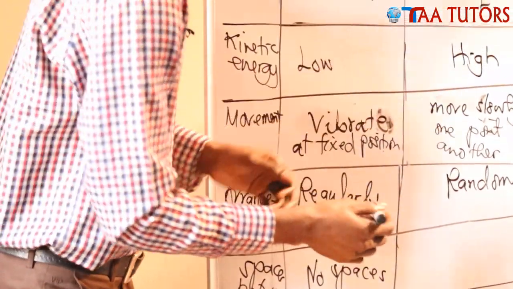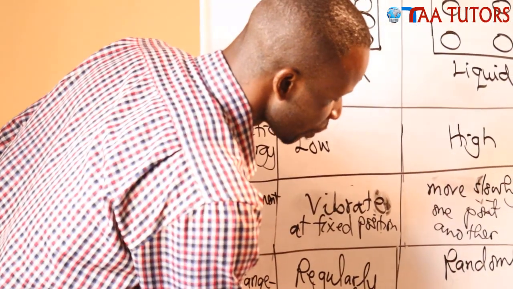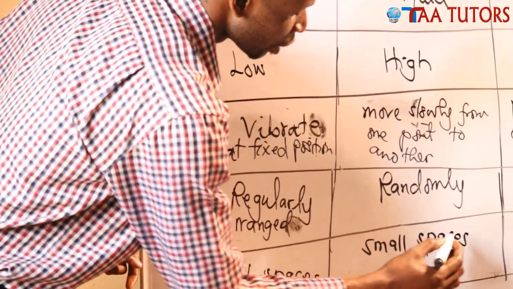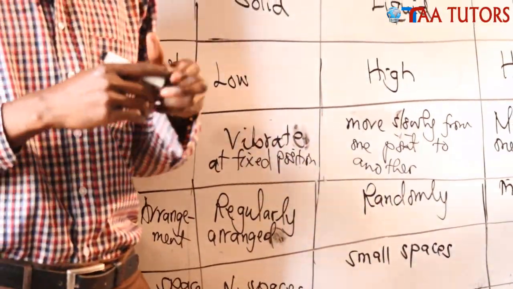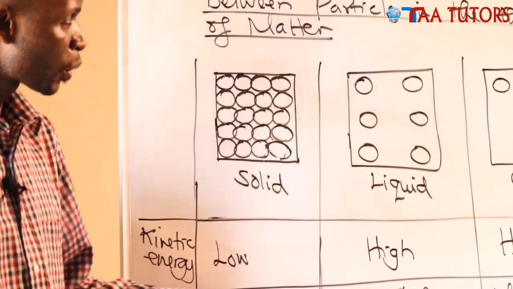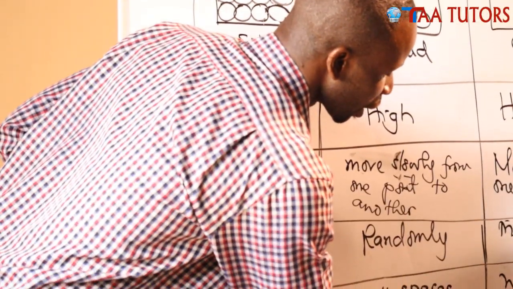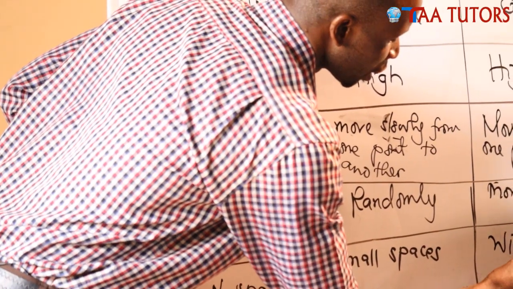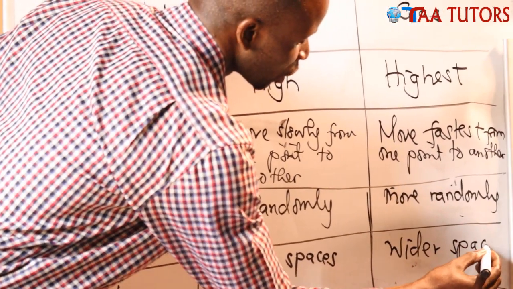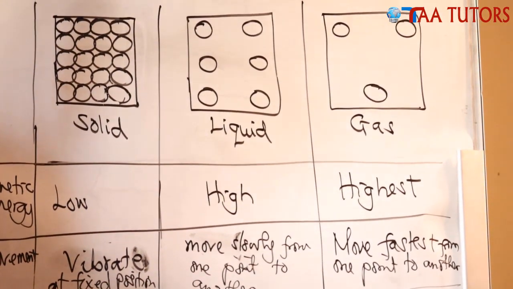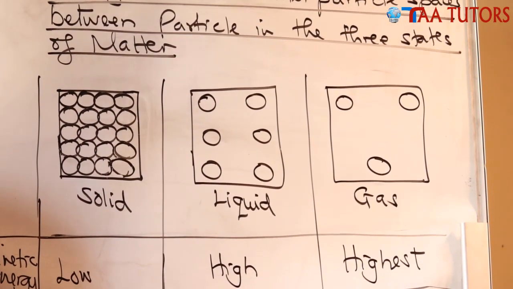But here we can say small spaces in liquid state. They have space, but it's small between the liquid particles. And then in gas particles we say that there are wide spaces. Wider spaces between the particles in the gaseous state.